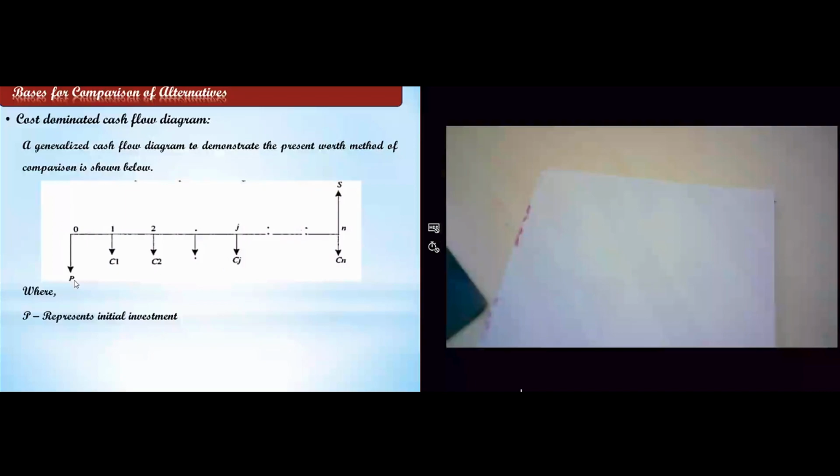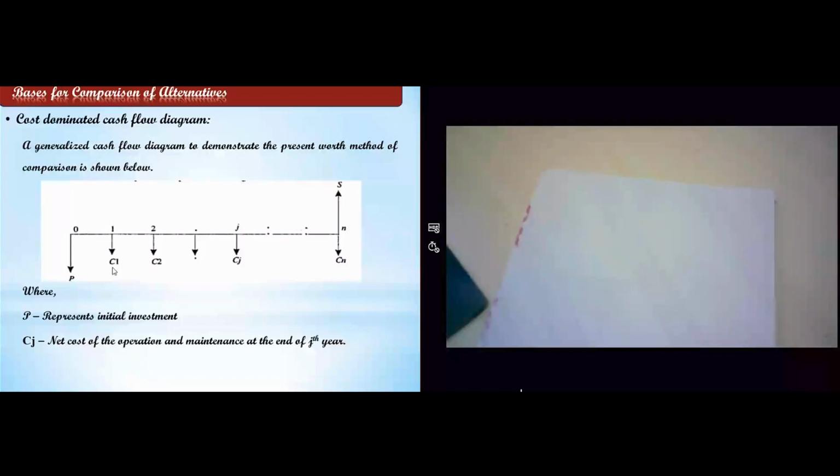Then Cj is the net cost of operations and maintenance at the end of year j, from year 1 to year n. So C1, C2, Cj, Cn are the cost factors associated with that machine. It can be the operation cost or the maintenance cost.